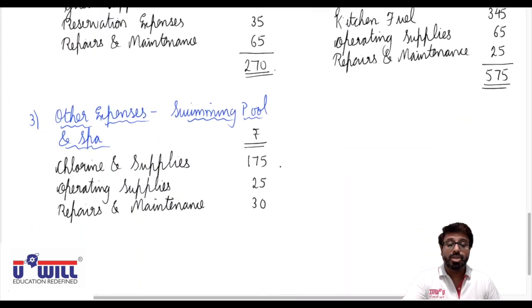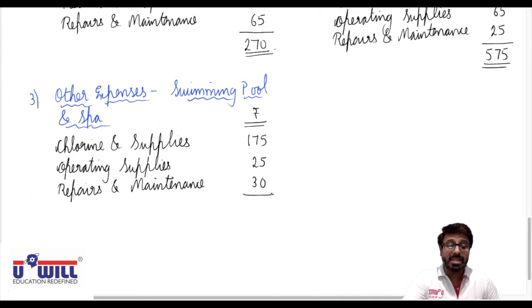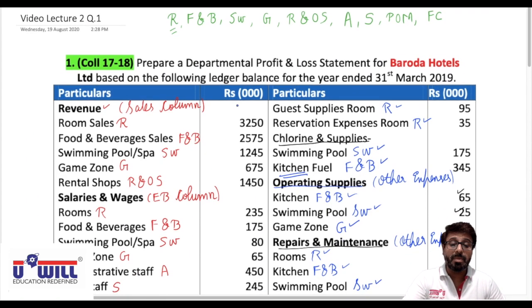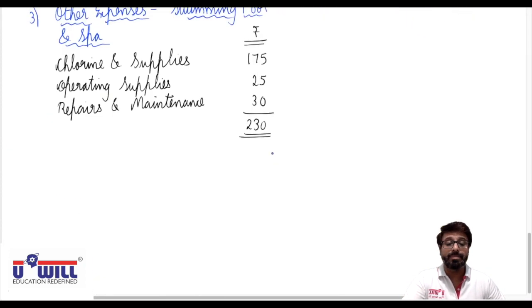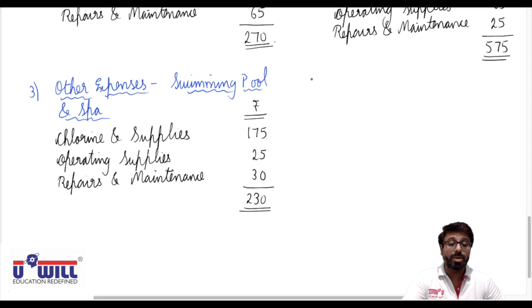No. So total swimming pool expenses are 230. Then after swimming pool, game zone. There also we have more than one item. So give the heading fourth note, other expenses of game zone.